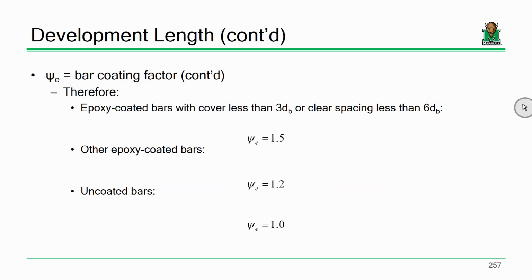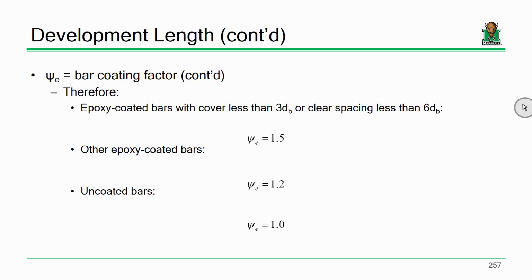If you've got epoxy-coated bars, your psi factor is going to be larger than 1. If you have an uncoated bar, your epoxy coating value is going to be equal to 1. So anytime you're dealing with epoxy-coated bars, your psi value is greater than 1.